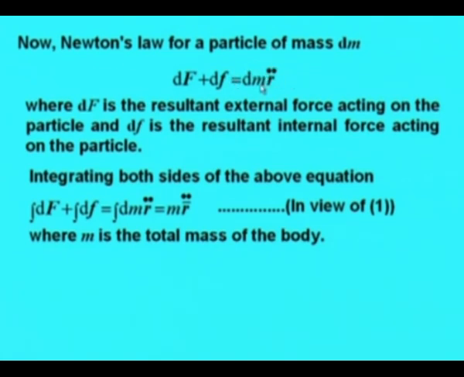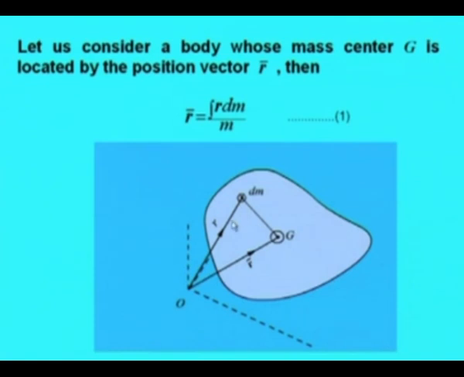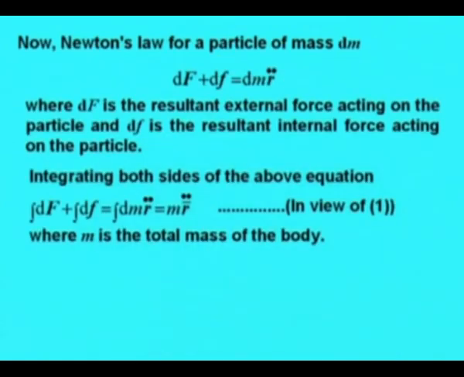That is equal to dm times r double dot, because r is the position vector of that particle with respect to the outside inertial frame of reference. O is some stationary point, so r double dot gives acceleration.